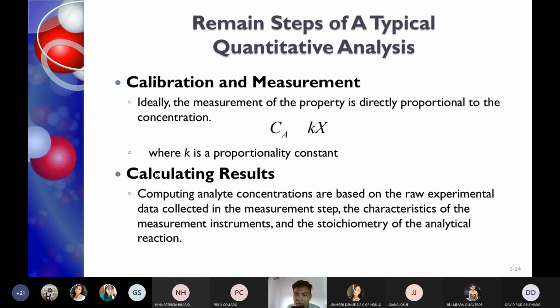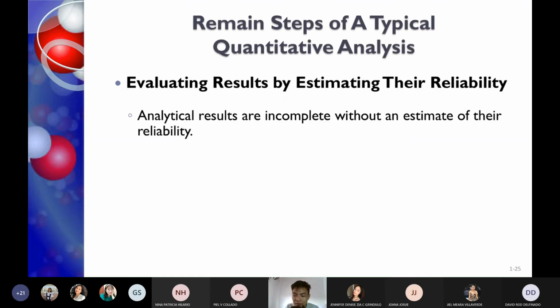So, whether that's titration, gravimetry, electroanalytical methods, or spectrophotometry, after doing all those measurement and calibration, you have to calculate the results. Siyempre, walang study na walang result, okay? So, yun. After obtaining your data, you check ano yung mga implications ng numbers na to. Positive ba to? Negative ba to? So, yun na yung nasa results na.